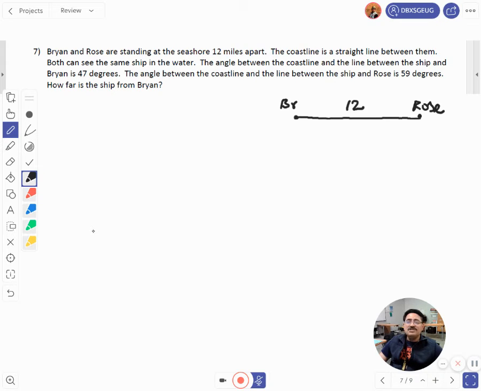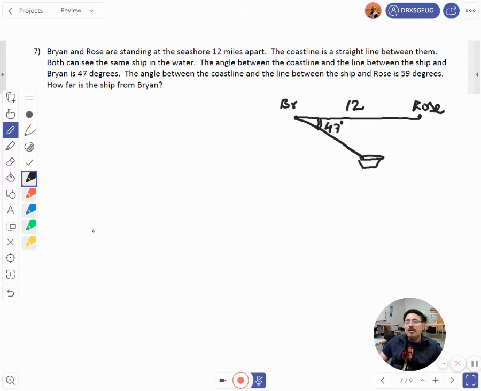The coastline is a straight line between them. Both can see the same ship in the water. So here is a small ship in the water. The angle between the coastline and the line between the ship and Brian is 47 degrees.